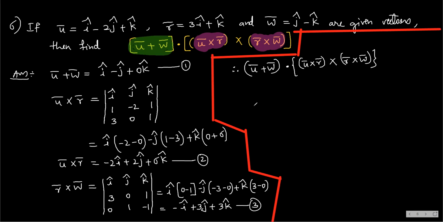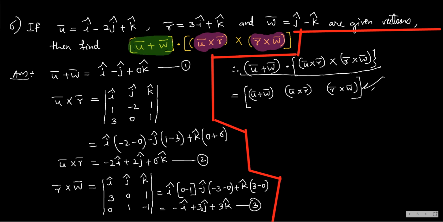You know, it is nothing but the scalar triple product of u bar plus w bar, u bar cross r bar, r bar cross w bar.